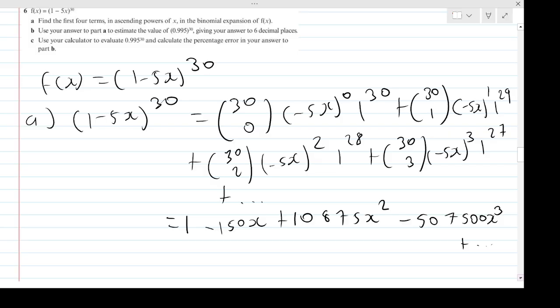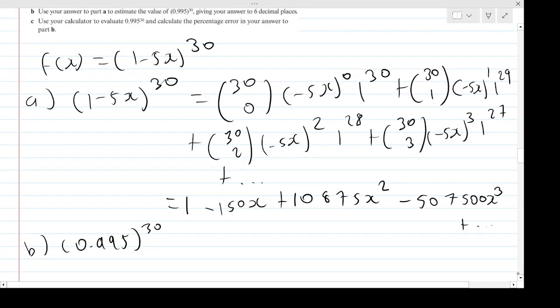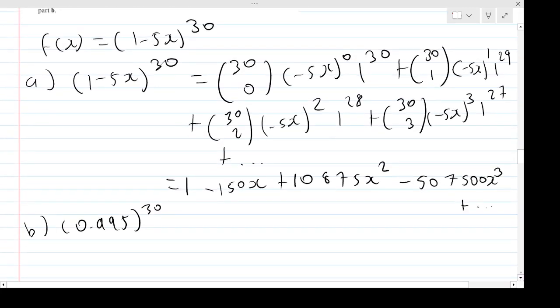Then part B says, use your answer to estimate the value of 0.995 to the 30, giving the answer to 6 decimal places. Okay, so again, a similar sort of case, we need to approximate a certain value. Now again, notice the two brackets have the same power, 30. So to make them equal, I can equate them. So simply 1 minus 5x would have to equal 0.995.